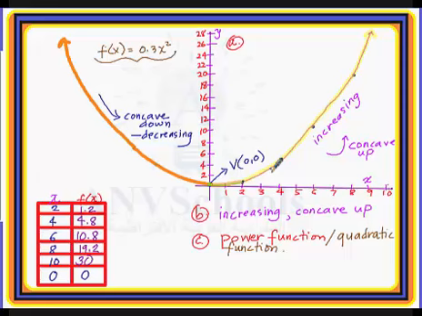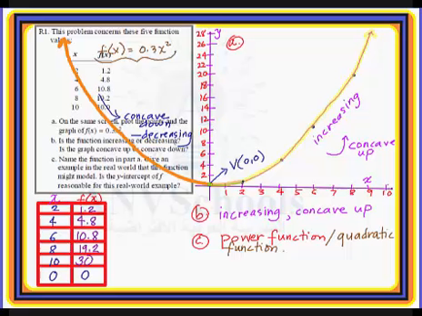Okay? So for letter C, name the function in part A. We already answered it as a power function, and at the same time it's a quadratic function, so it's a quadratic power function. And give an example in the real world that this function might model.